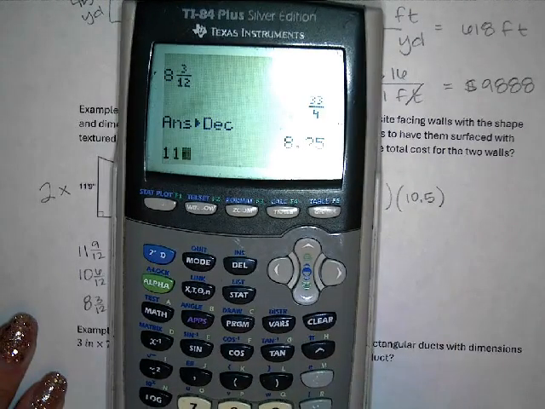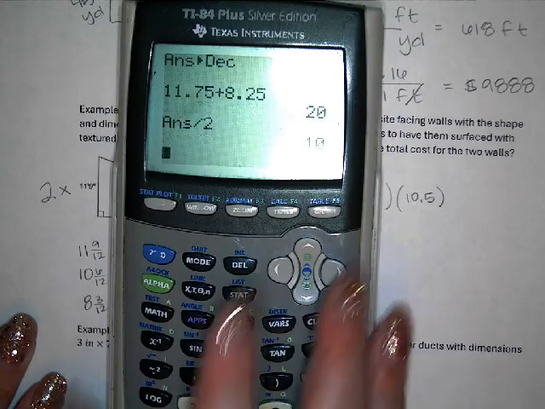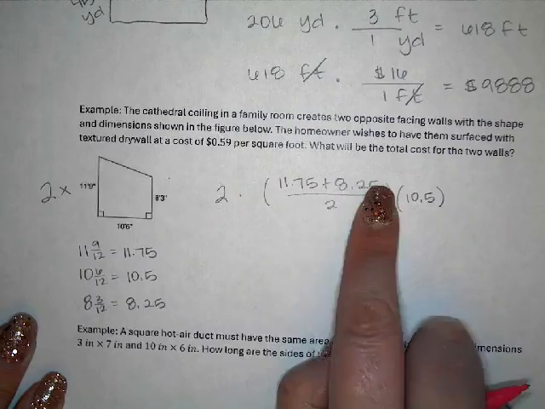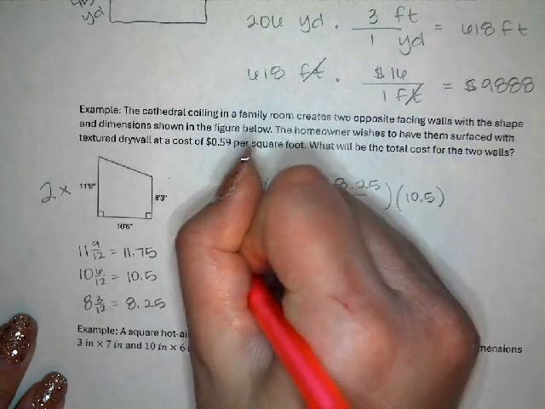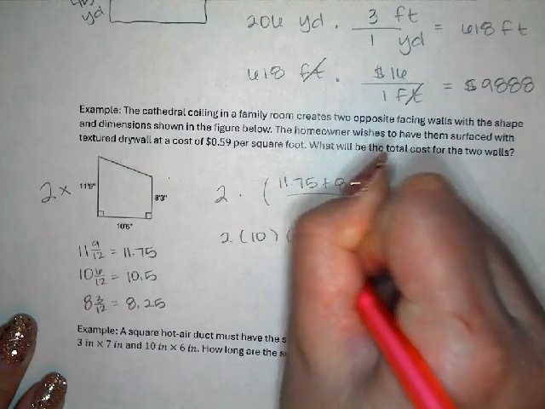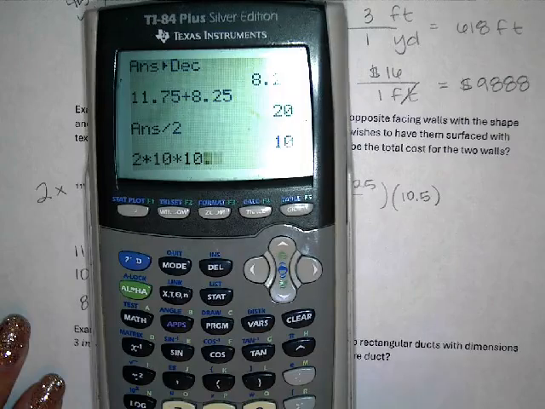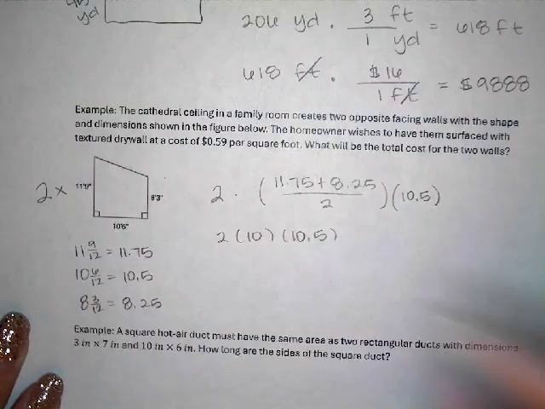Okay, so this is 20 divided by 2 is 10. So 210 square feet is for 2 walls.